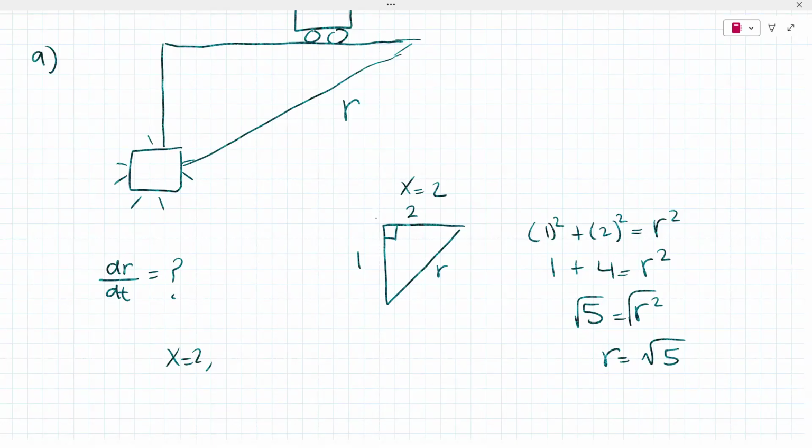And then the speed, they tell us the car is traveling at 4/5 kilometers per hour. So that's a rate, right? That's dx/dt, and it's 4/5 kilometers per hour.